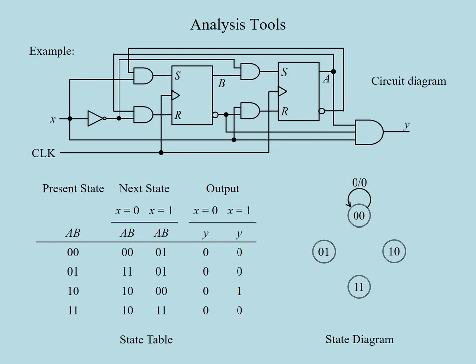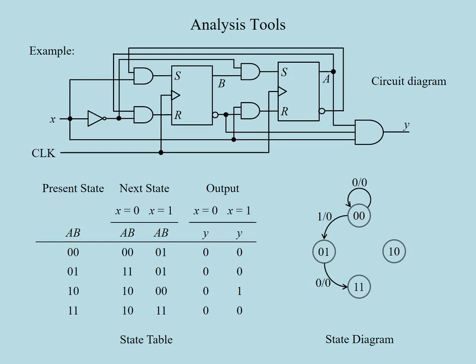In the first line of the state transition table, we also read that for X equals 1, the transition from 0 0 is to state 0 1. This can be shown on the state diagram by an arrow from 0 0 to 0 1, which is denoted as 1/0. Similarly, if the circuit is in state 0 1 and the input is 0, the transition in the next clock pulse is to state 1 1 and the output is 0.